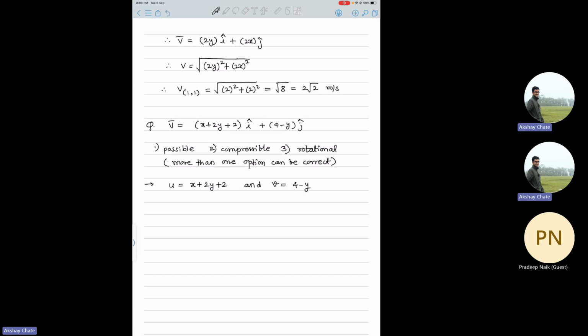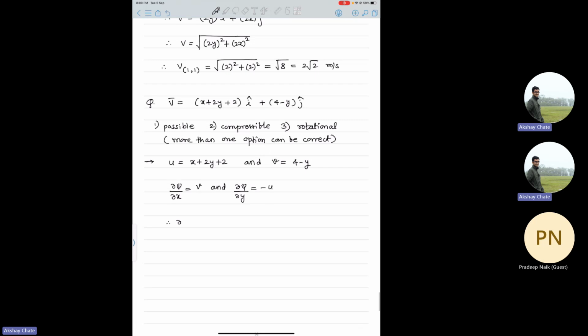Again, del psi by del x is v and del psi by del y is minus u. So here, what is your v? 4 minus y, and del psi by del y is minus of u, so minus of (x plus 2y plus 2).